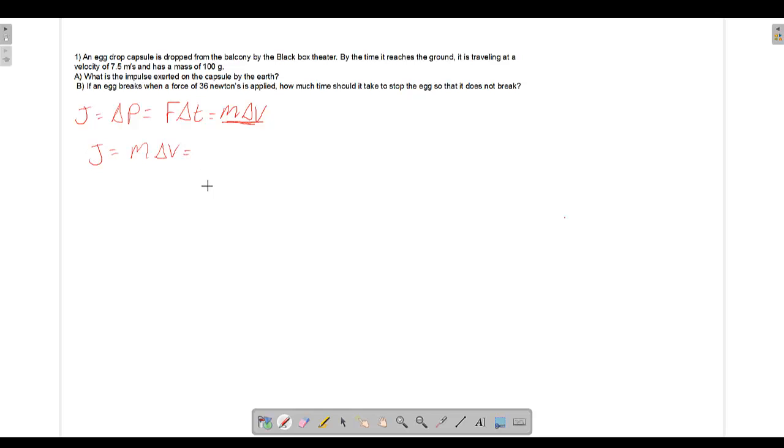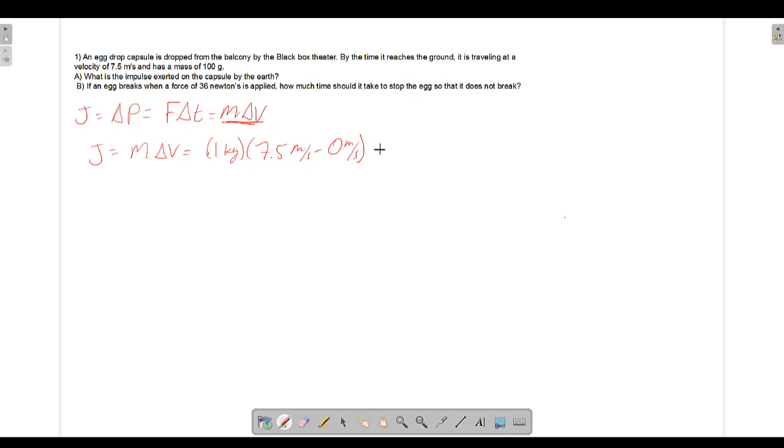Once again, M has to be in kilograms, not in grams, so that's moving the decimal point over 3 spaces to get to kilograms. So it's 0.1 kilograms times delta V, which in this case, V final is positive 7.5 meters per second, minus V initial, which is 0 meters per second.